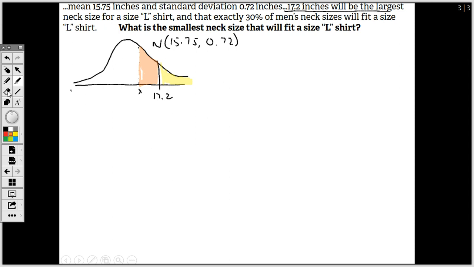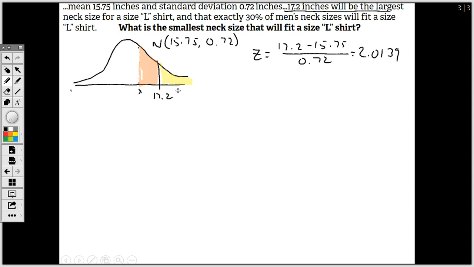So I'm going to first find a z-score: 17.2 minus the mean, divided by 0.72. And I got 2.0139. So that's how many standard deviations above the mean of 15.75 that 17.2 is, right? So we're really probably further out here.